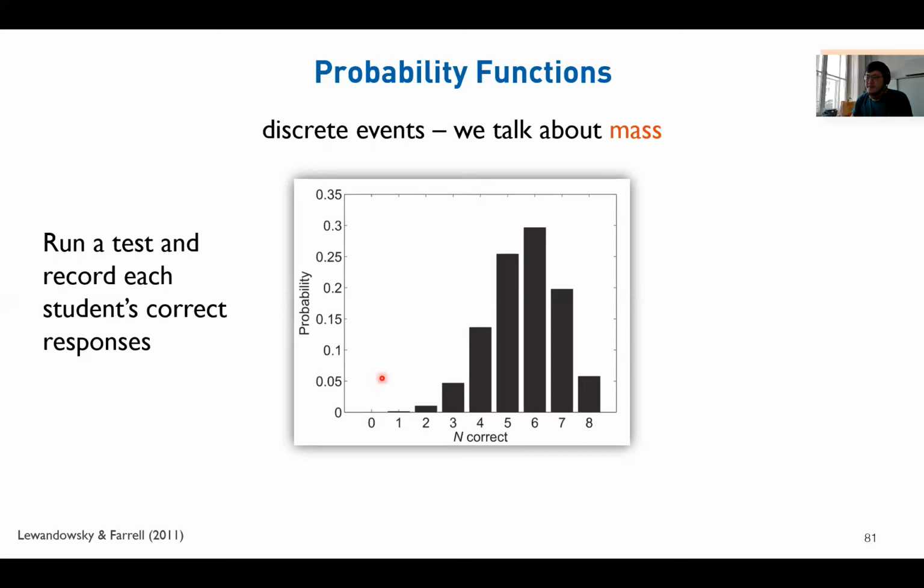Let's say there are 20 people in this classroom. It's possible that none of them get any correct answer. Another extreme is that all 20 people in this classroom get every question answered correctly.